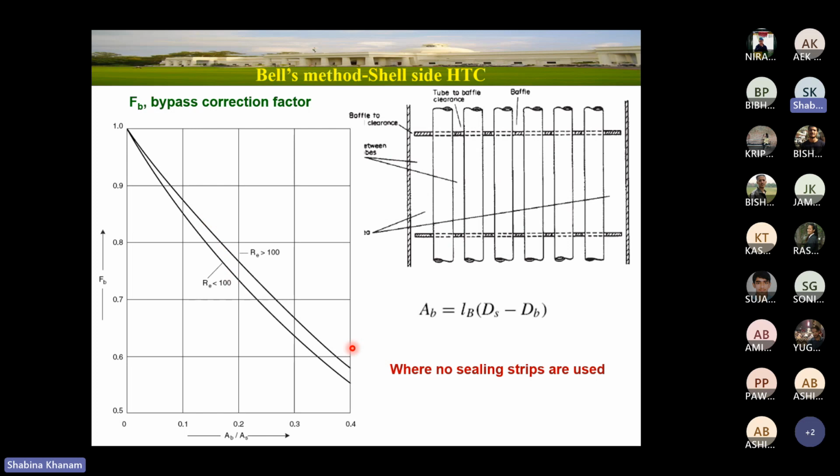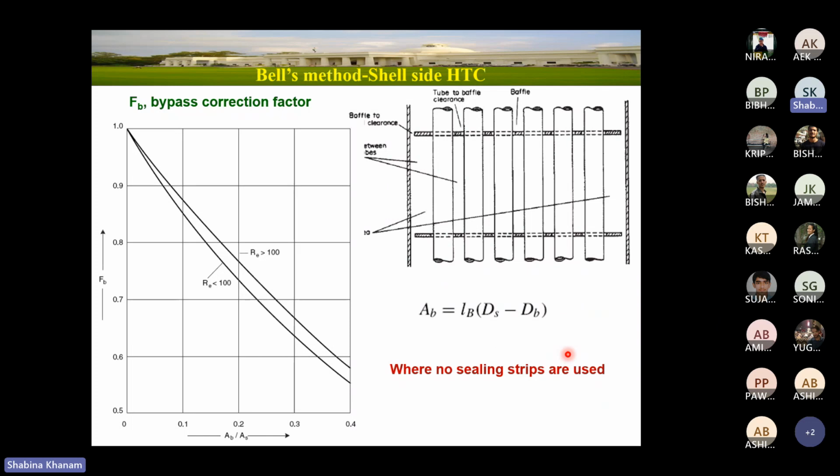The point is how to check whether sealing strips are required or not. That I will again discuss with the help of an example. There are so many other things which we need to consider in this FB correction factor, so it will be good if we discuss that through the example.